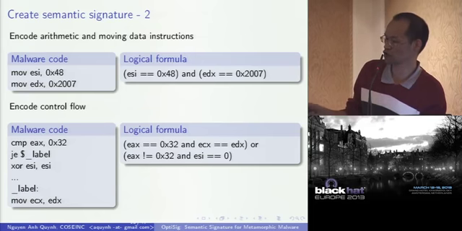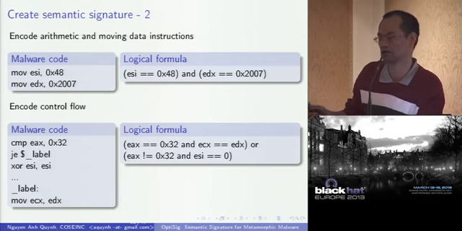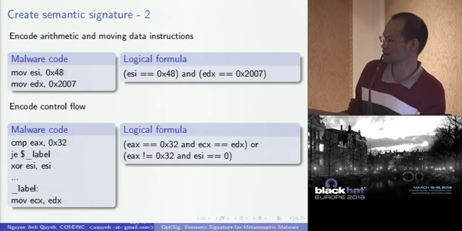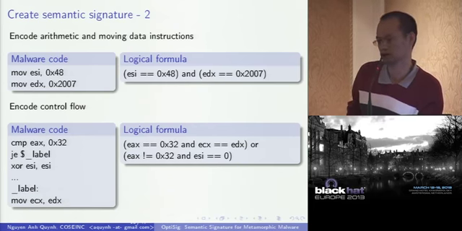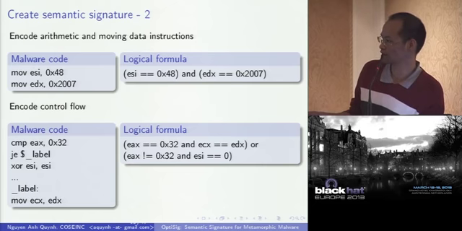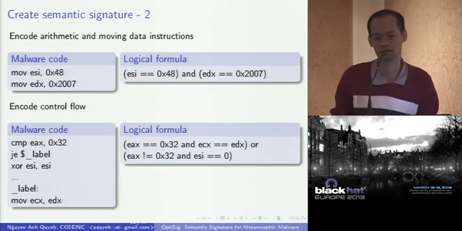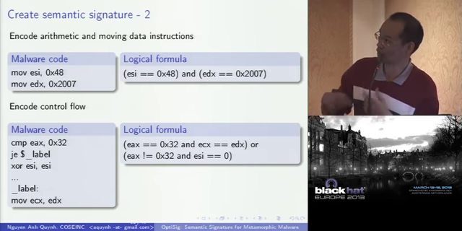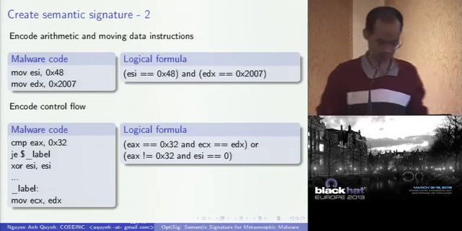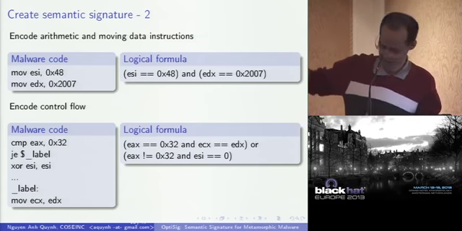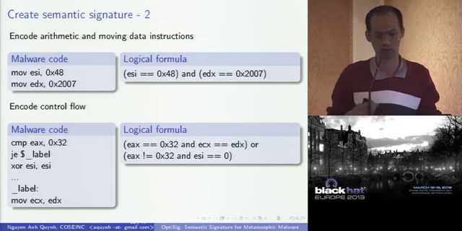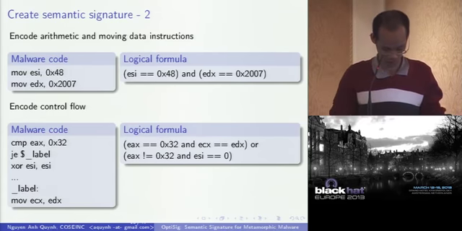The logical formula considers two branches: if EAX is 32, we assign EDX to ECX, or if EAX is not 32, we set ESI to 0. That's how we create the logical formulas. These are very simple examples, but you can imagine what it does.